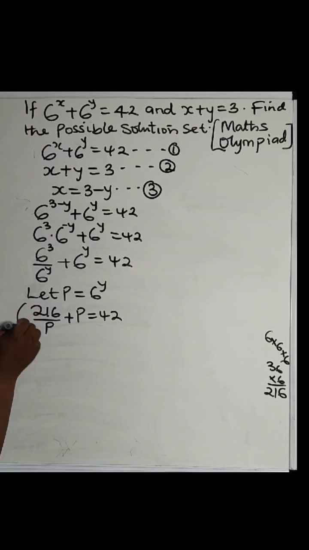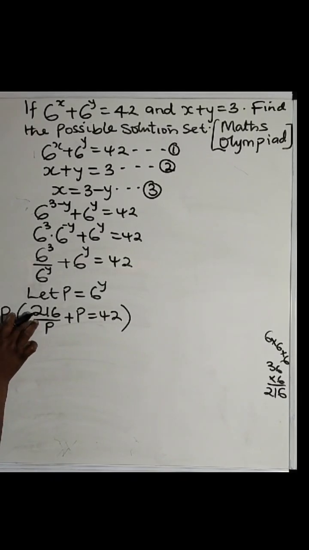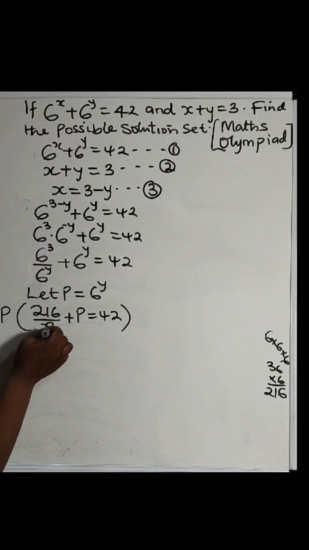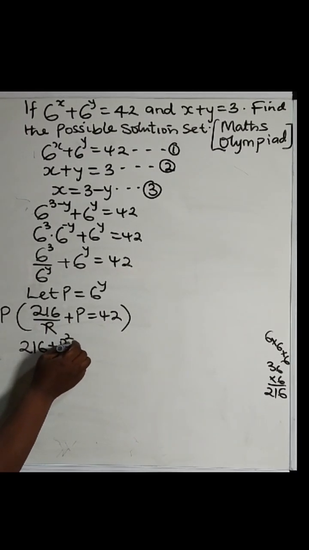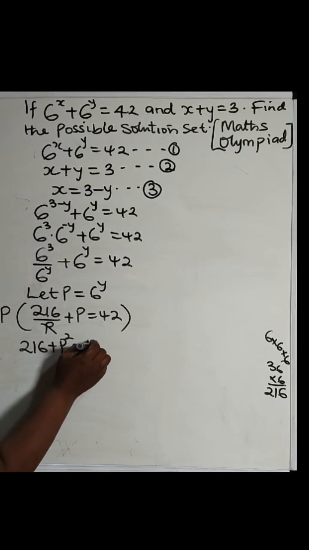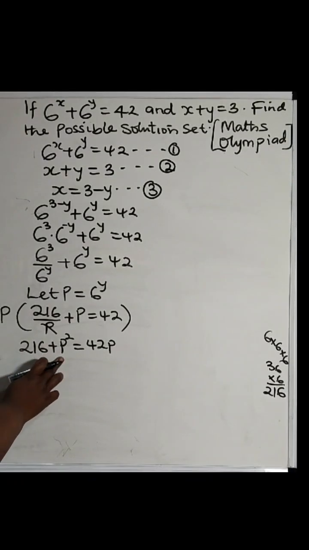Now let's multiply all through by p to eliminate this. So we have p times 216 over p. This will be out. We have 216 plus p times p will give us p square is equal to p times 42 will give us 42p. Now, this is now a quadratic equation.